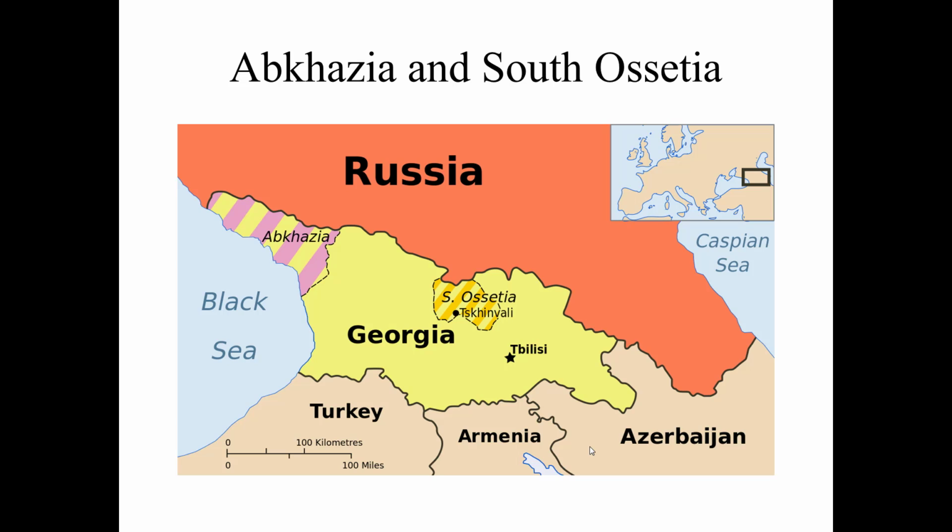Very simple. They will support a parastate if they can get something out of it. Russia can get something out of a foothold in Abkhazia and South Ossetia. The United States, what do they get out of Kosovo? The largest U.S. military base in all of Europe. The Albanians are overwhelmingly pro-American.